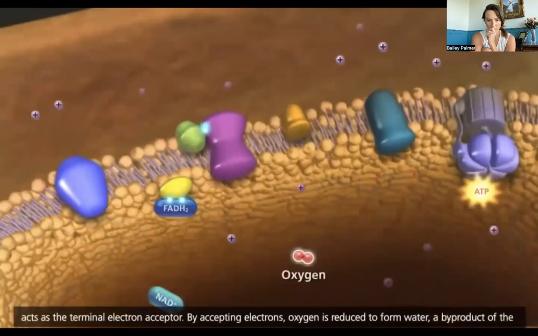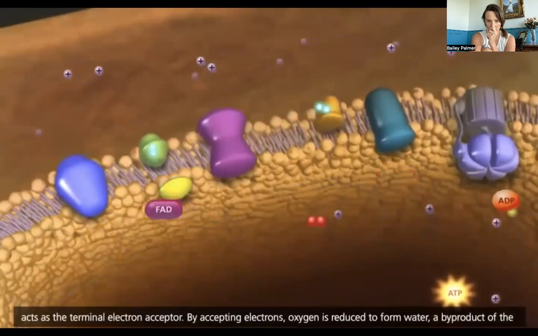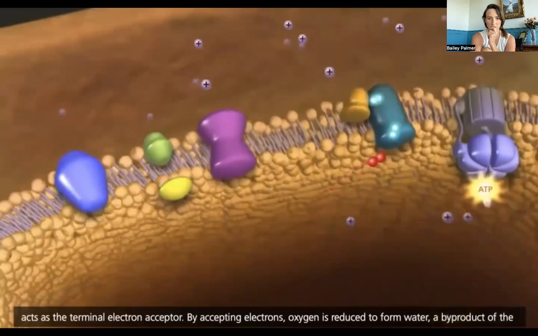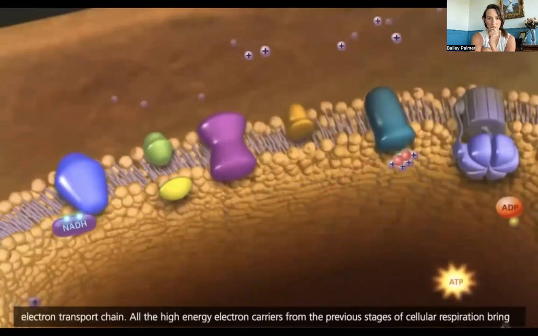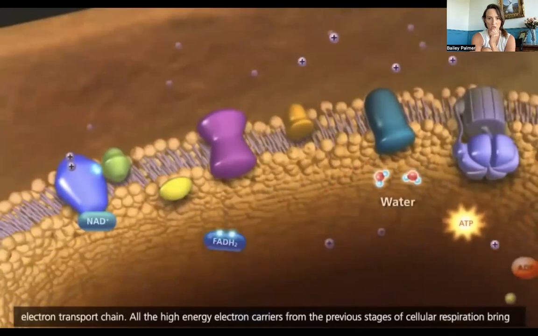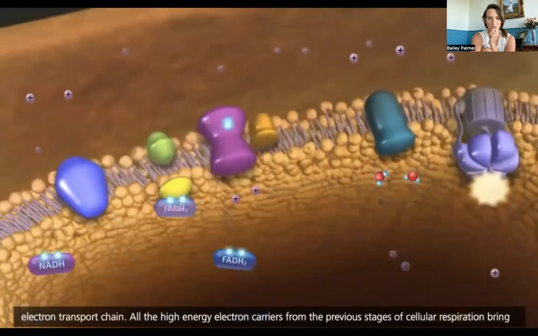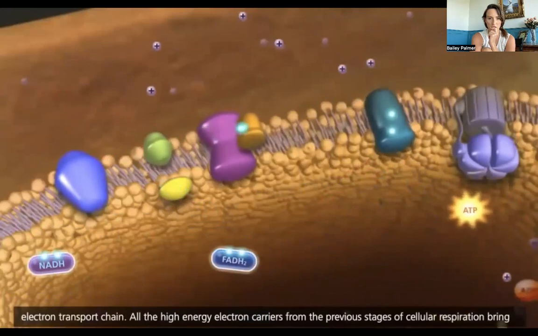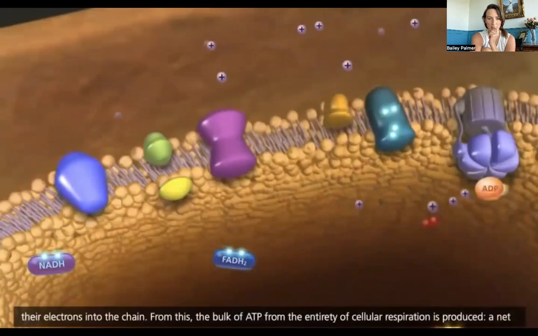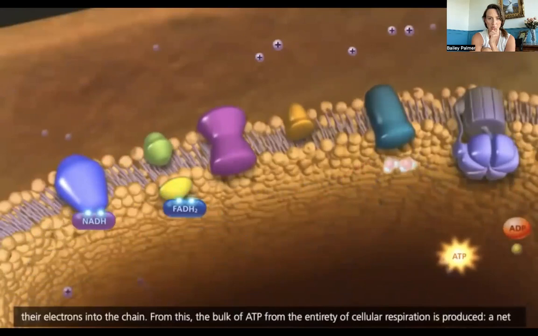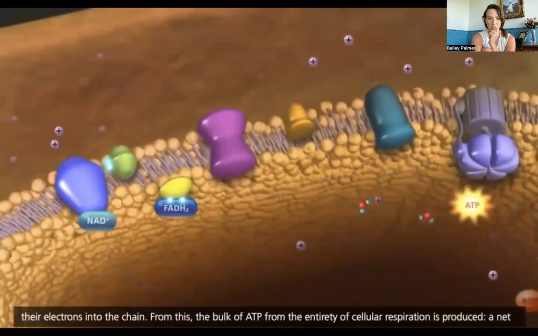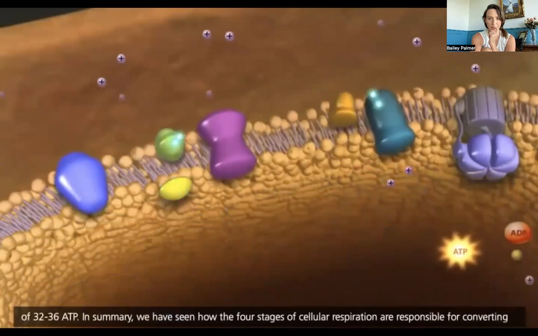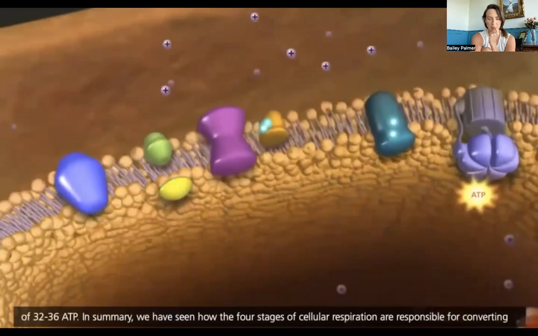Oxygen acts as the terminal electron acceptor. By accepting electrons, oxygen is reduced to form water, a byproduct of the electron transport chain. All the high-energy electron carriers from the previous stages of cellular respiration bring their electrons into the chain. From this, the bulk of ATP from the entirety of cellular respiration is produced, a net of 32 to 36 ATP.